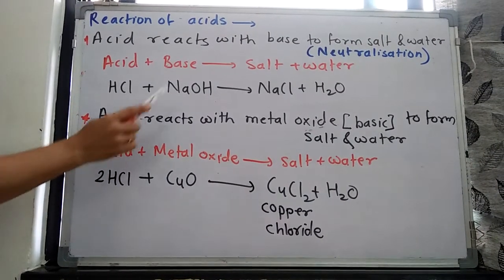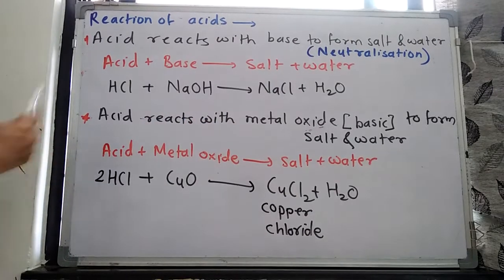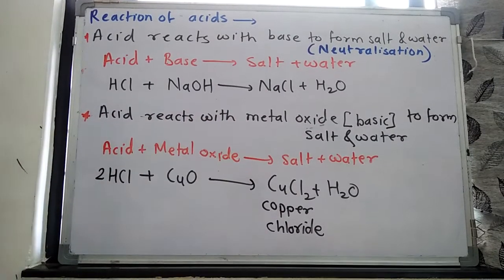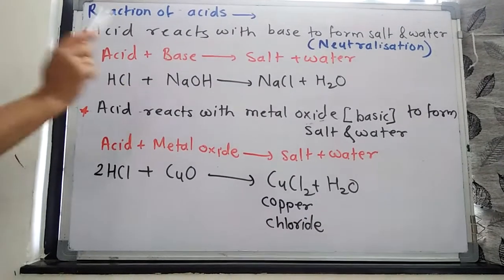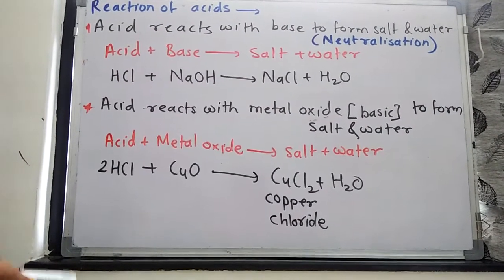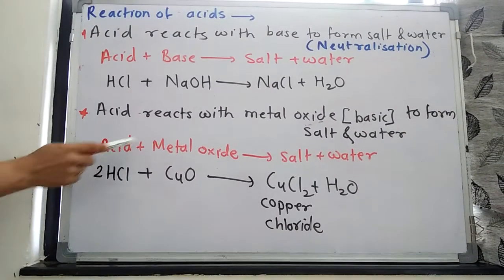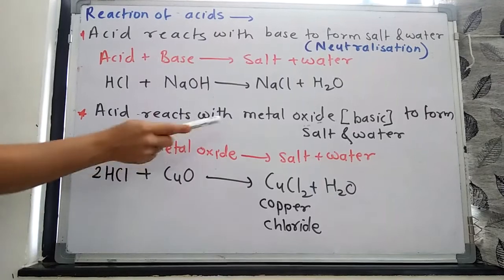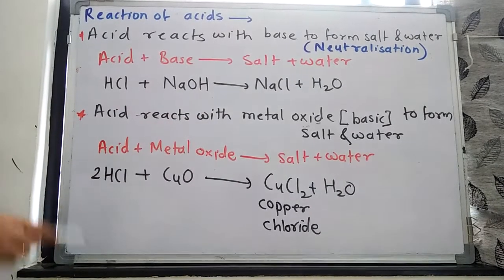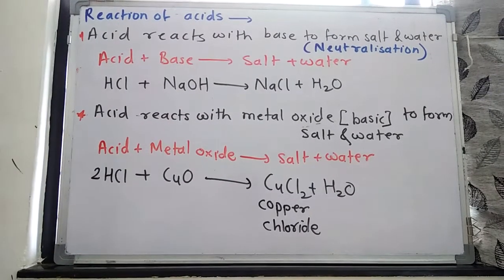So acid can react with metal oxide. Why can acid react with metal oxide? Because metal oxides are basic in nature. So acid reacts with metal oxide to form salt and water. So it is also a type of neutralization reaction.